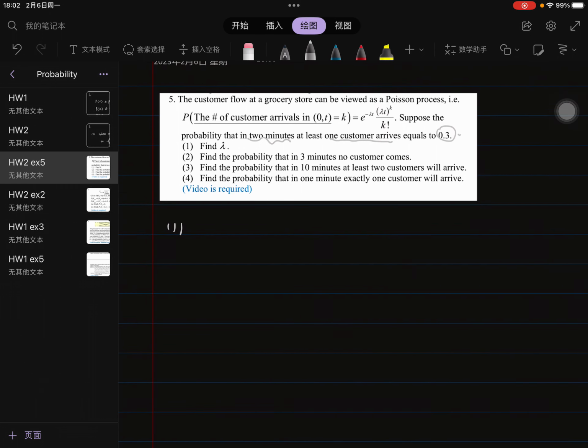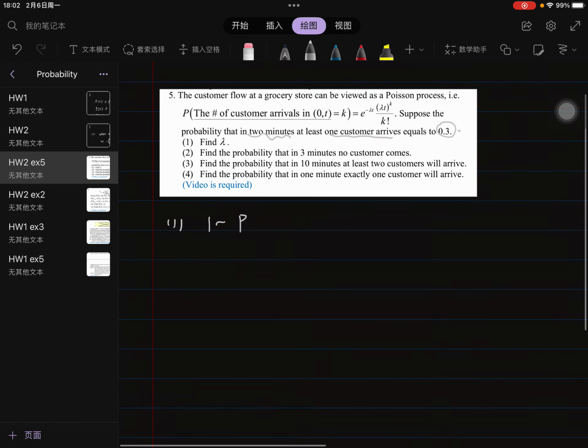So we could just write this. Since it's at least one customer, we could use 1 minus the probability that the number of customers in these 2 minutes equals 0.